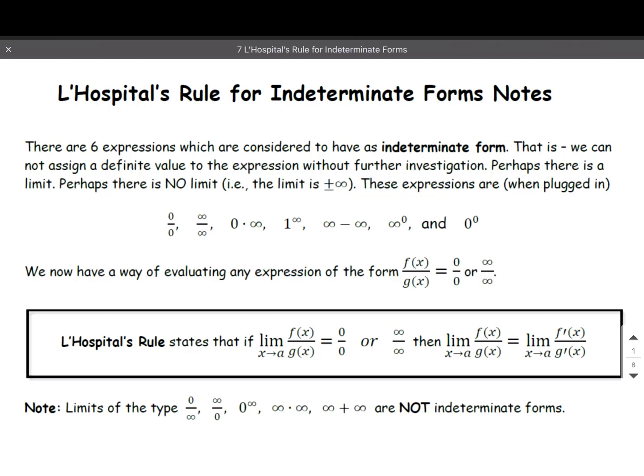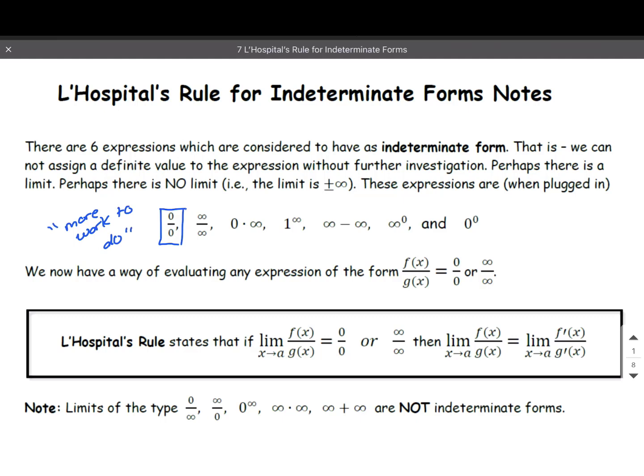Now, there are 6 expressions which are considered to be indeterminate. We've seen these before. Remember, whenever we were doing limits, if we'd get 0 over 0, I always told you there was more work to do, right? And usually we would factor or we would rationalize.